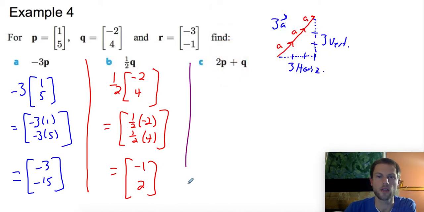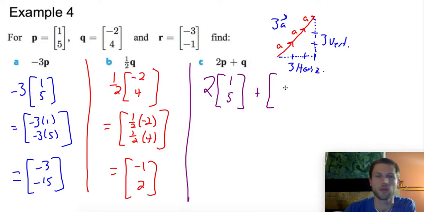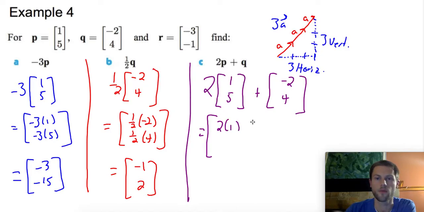Finally, I want to take 2p, 2 times vector p, which is 1, 5, and I want to add that to vector q, which is negative 2, 4. And I'm going to combine this all into one step here. I'm going to take one big vector of 2 times 1 plus negative 2, and 2 times 5 plus 4.